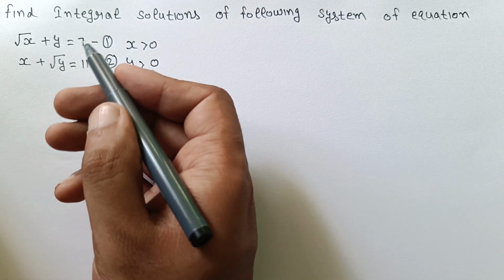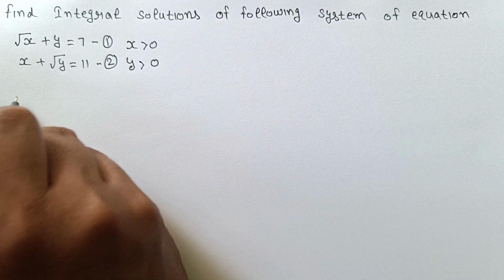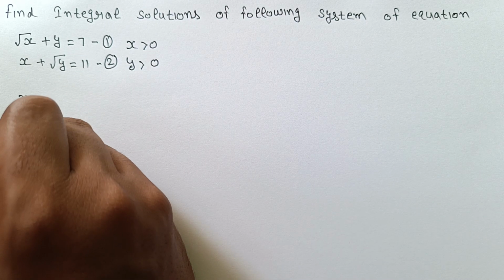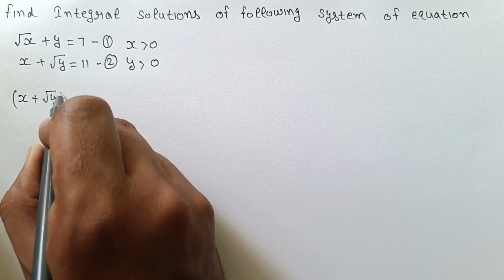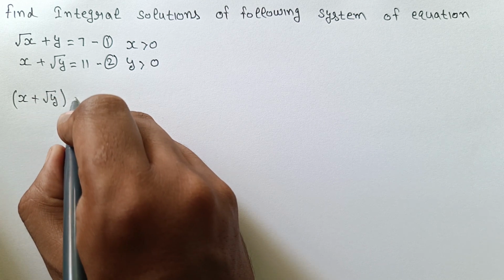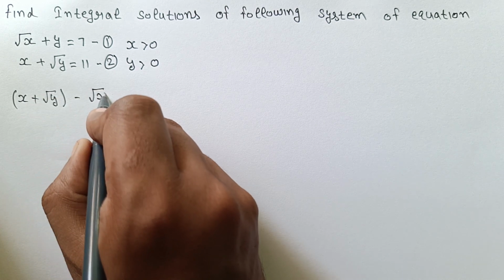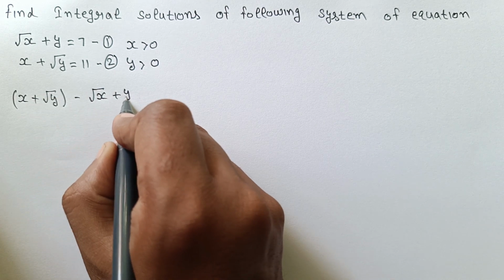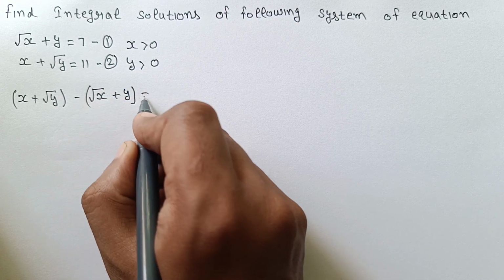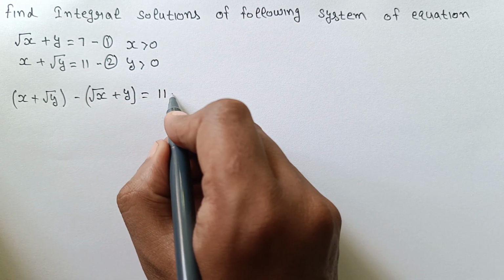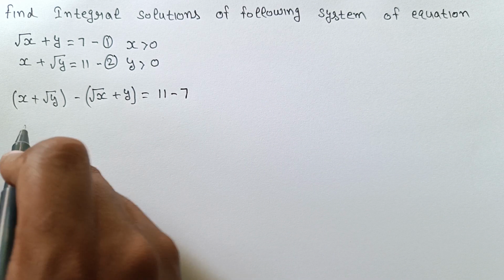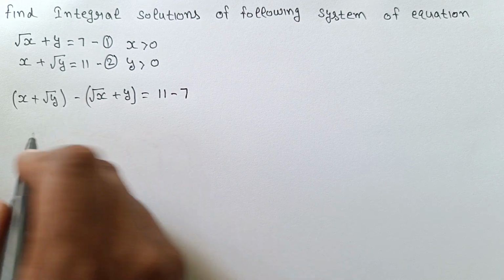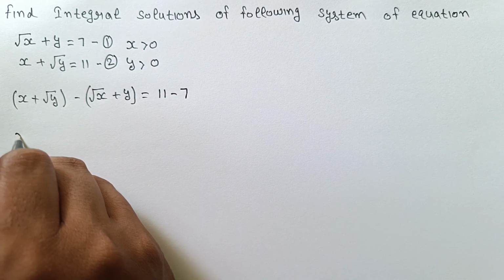Now I just subtract equation number 1 from equation number 2 and I get x plus square root of y minus square root of x plus y, and here I get 11 minus 7. So here I rearrange these values.